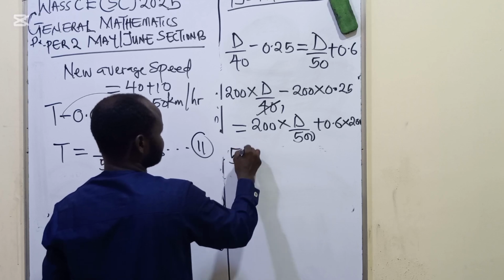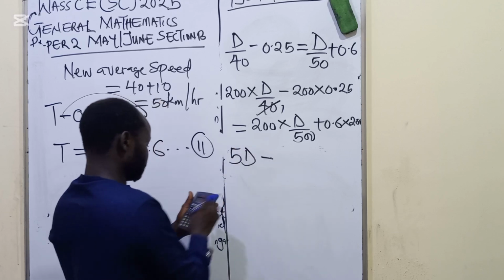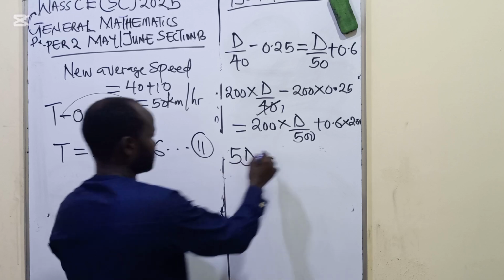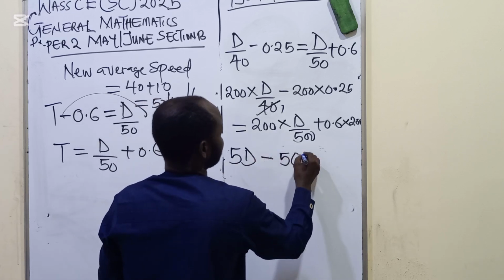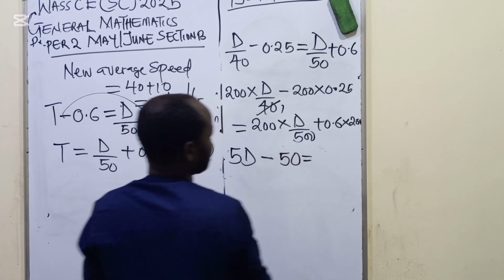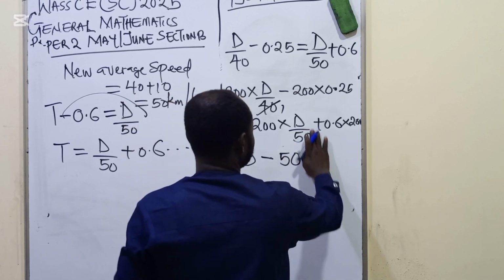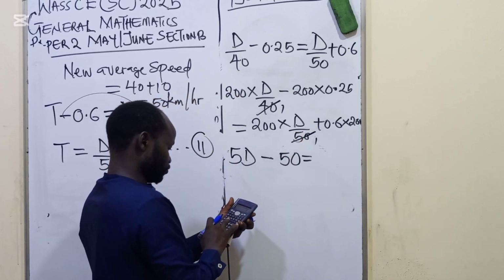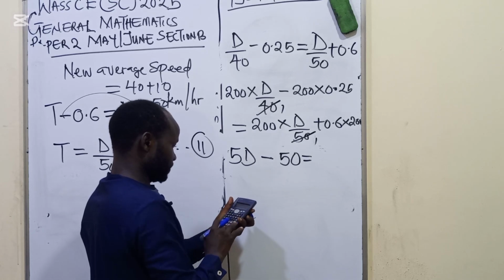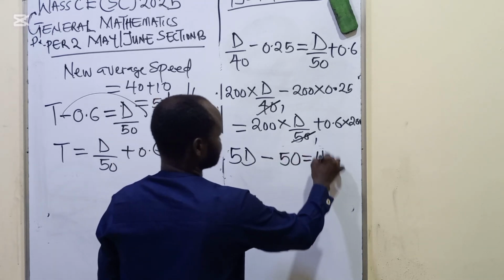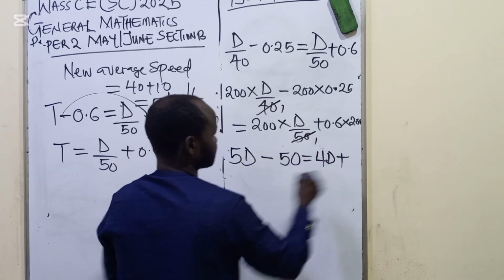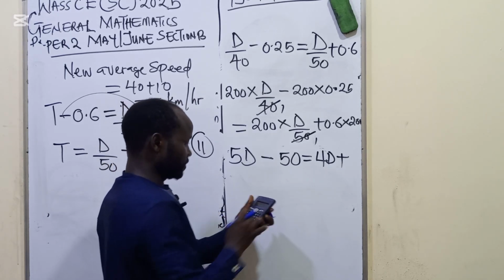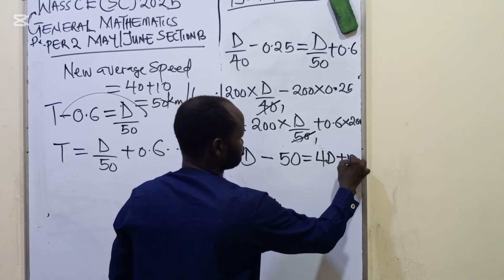That will be 5d minus 200 times 0.25, that is minus 50, will now be equal to, here is 50, 50 here is 1. 200 divided by 50, that will be 4 times d. That's 4d plus 200 times 0.6. That will be 120.